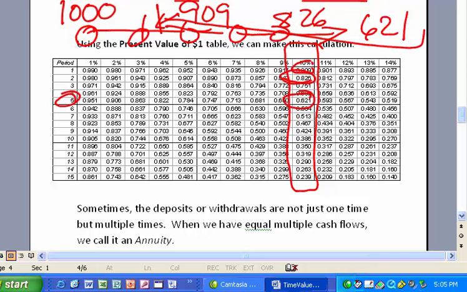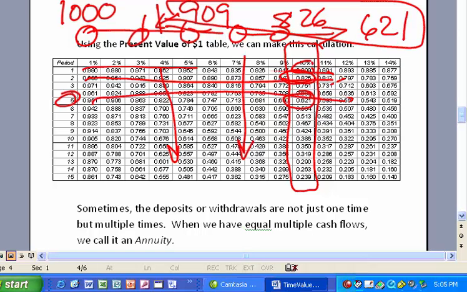So if you look at your tables, you'll see that as time goes by, these numbers all get smaller as you go down. Also, they get smaller as you go across because you're compounding at a higher interest rate. So therefore, the higher interest rate that you compound at, the less amount of money you need to start with.